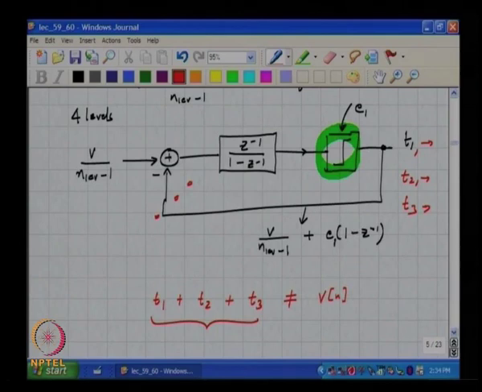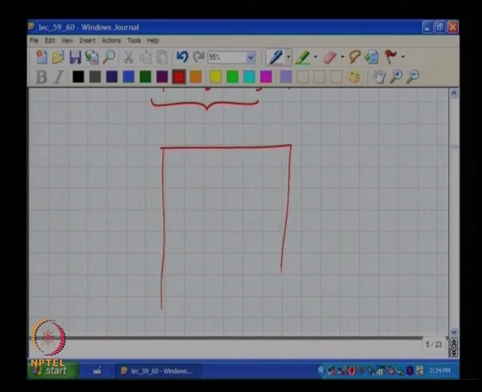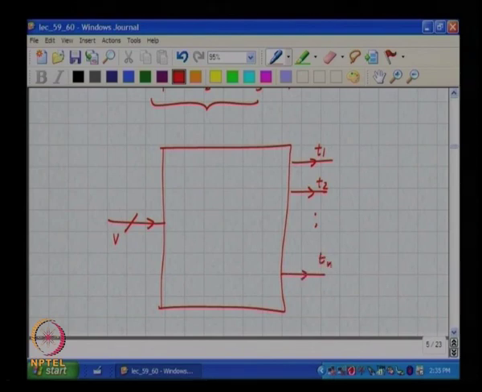Okay. So, in other words, what you are doing is that if you put this whole thing inside a box, you are sending in V and you are getting out T1, T2 through T n level minus 1.